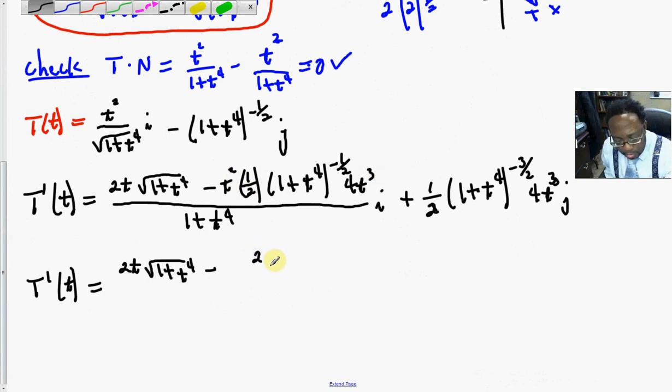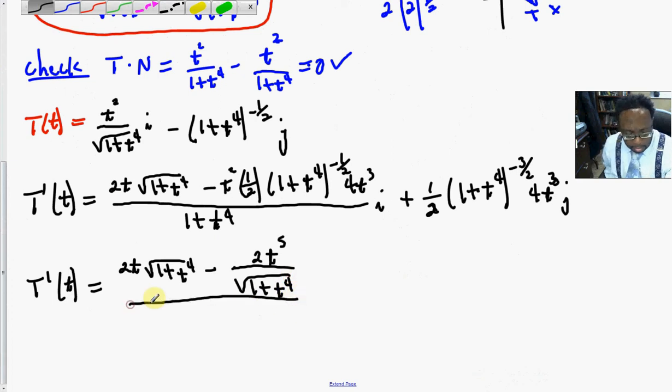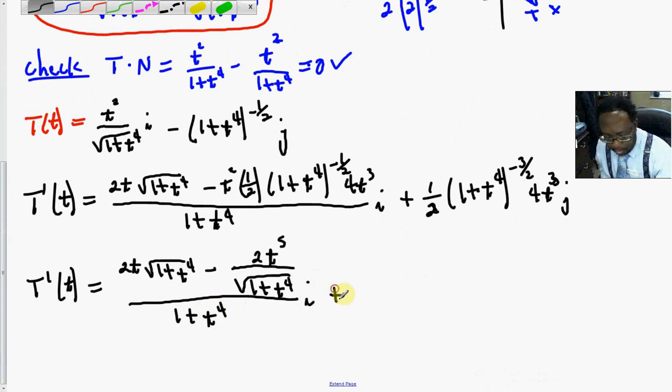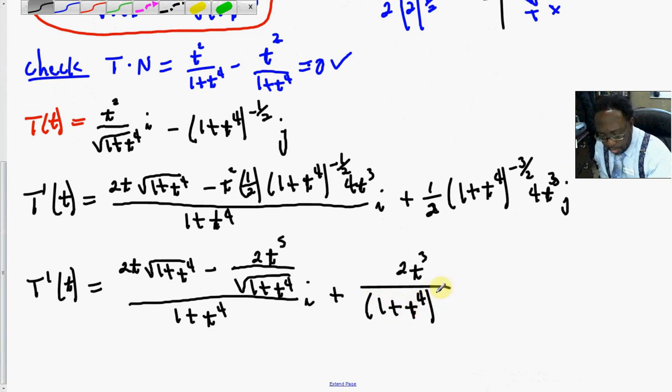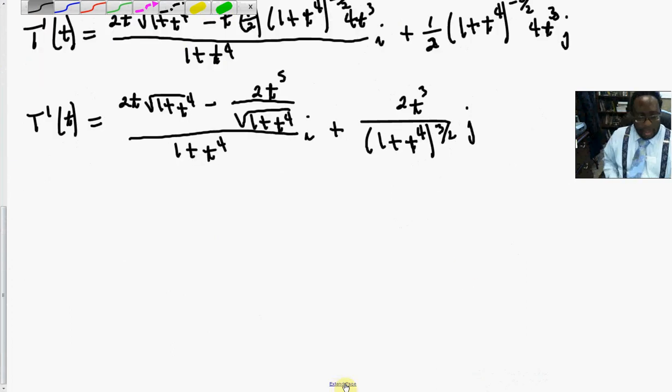So this is 2t to the 5th all over the square root of 1 plus t to the 4th, and that's divided by 1 plus t to the 4th i. Plus we clean this up, we get 4 divided by 2 is 2 times t to the 3rd, and that's all over 1 plus t to the 4th to the 3/2 j. Now we'll clean that up.